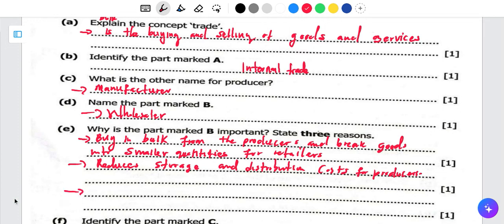Then apart from that one, these wholesalers make sure that the goods reach the consumers or the retailers.